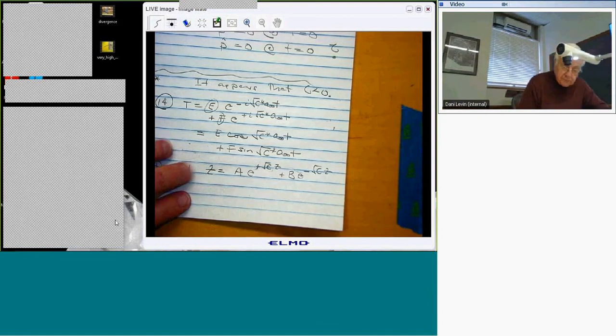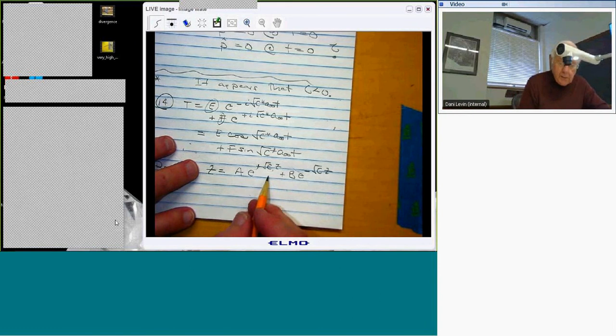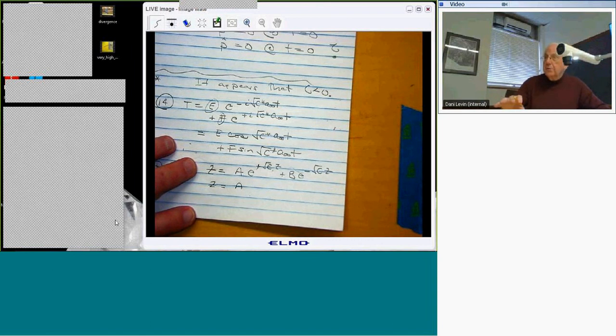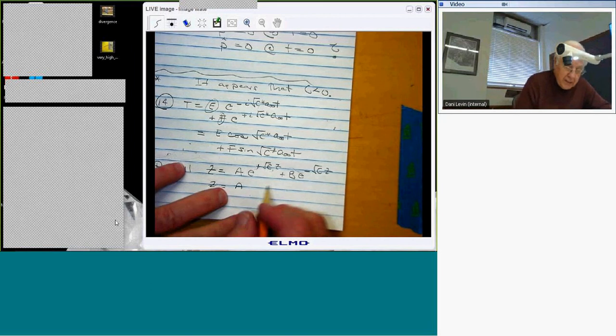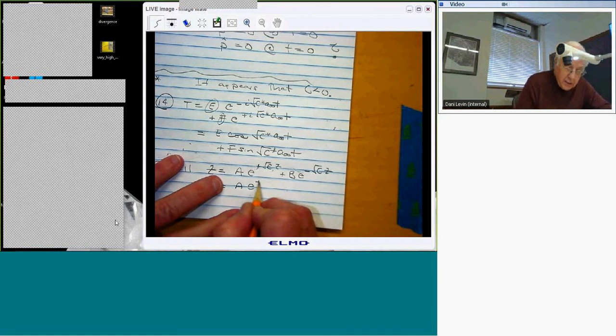But now we think this really should be written A. I'm still going to use the same arbitrary constants, because I'm going to go back and rethink my boundary condition too. E to the plus I square root of C star Z plus B e to the minus I square root of C star Z, right?